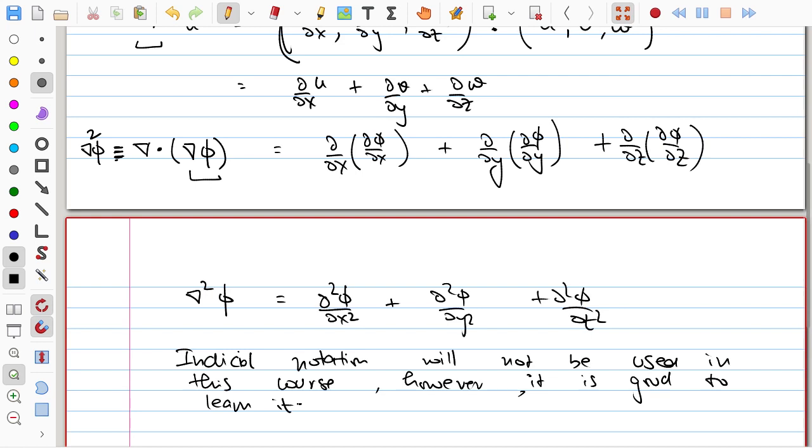It's good to learn it. So if you get an opportunity to learn this notation, please jump over it. Right, so we move on.